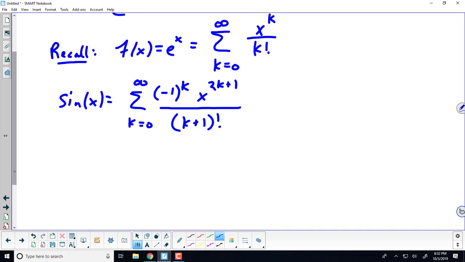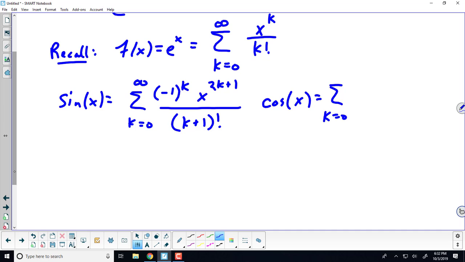I would encourage you to start putting them on flashcards, because as we get to the power series portion of the course, you'll need to remember these three anyway.